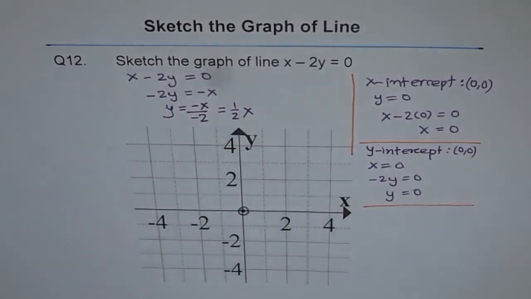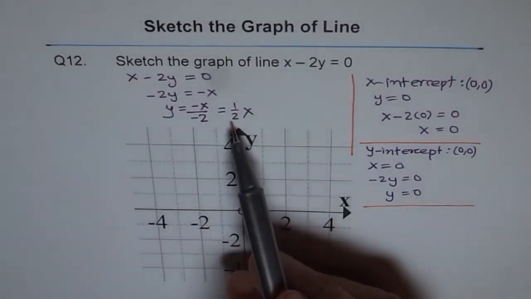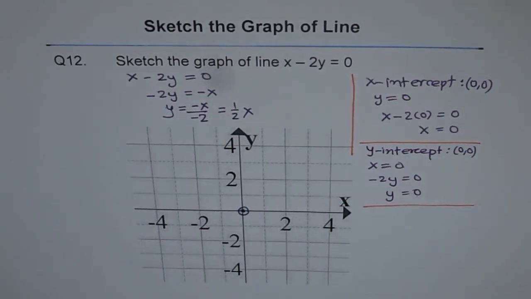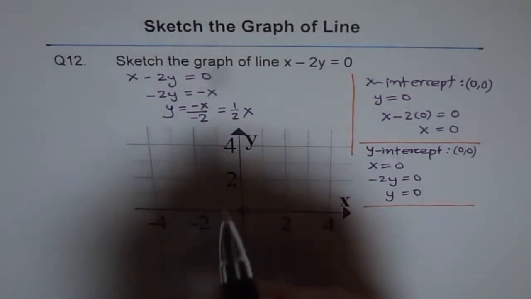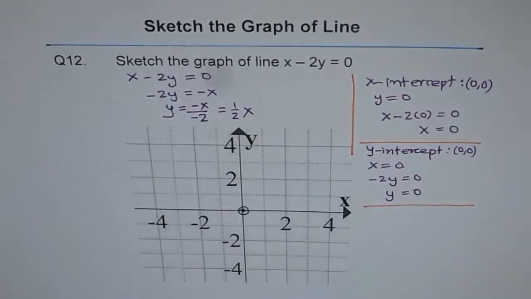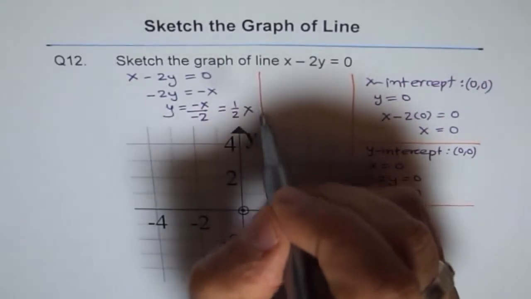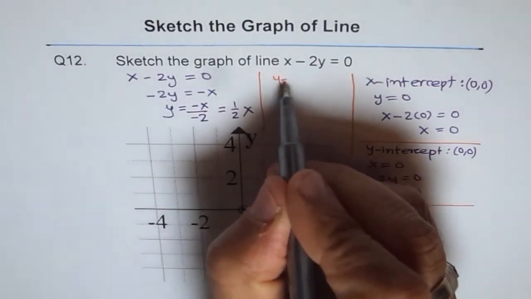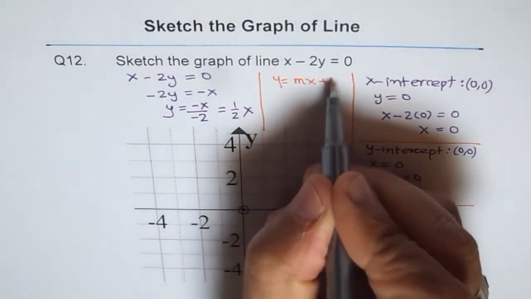So you can follow the method which we did for slope and intercept form first 6 videos, right? So here rise is 1 and run is 2. Why? Because the slope is half, 1 over 2. So here, what is the slope? Slope is half, right? Compare it with the equation. What we did is, we did it in the form of y equals to mx plus b.